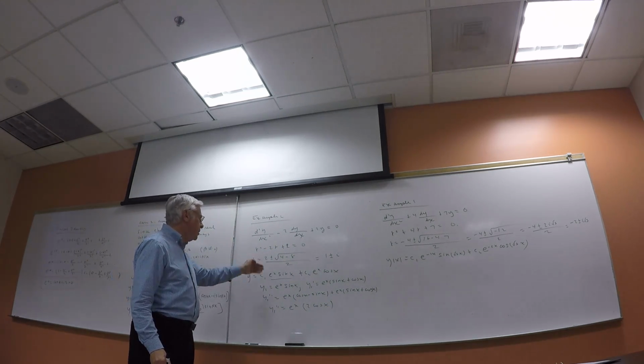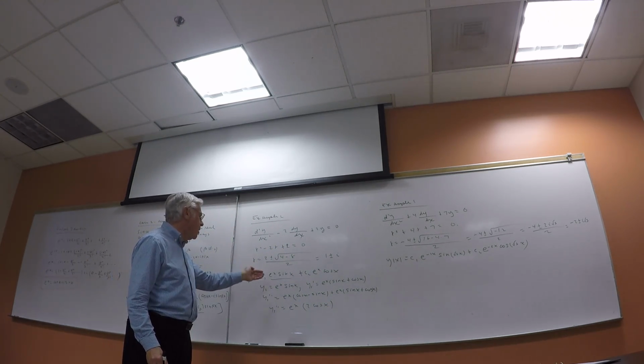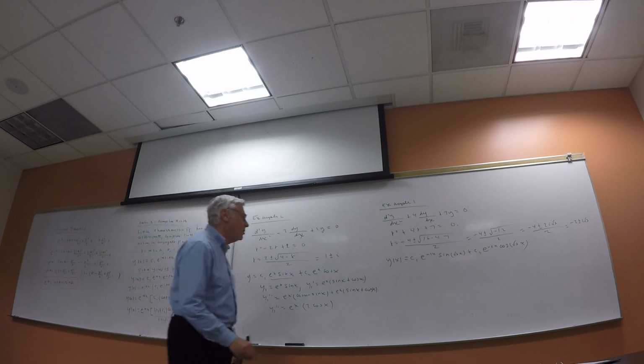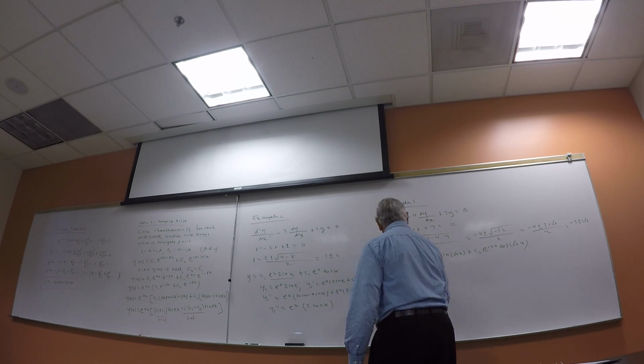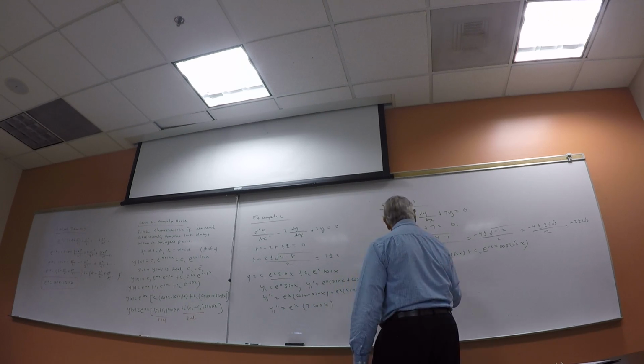Okay, let's plug in y1 prime and y1 double prime and see if it goes to 0. What's L operating on y1? I need y1 double prime, which if I didn't make a mistake, is just 2 e to the x cosine x.